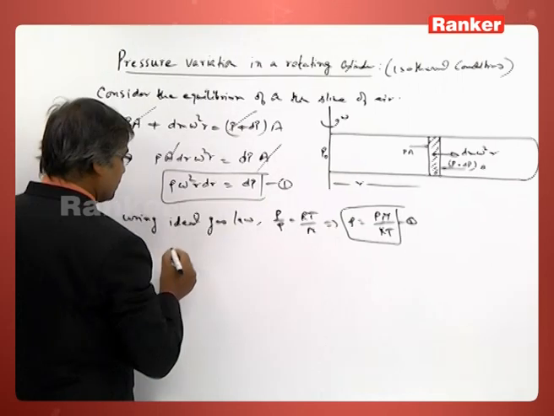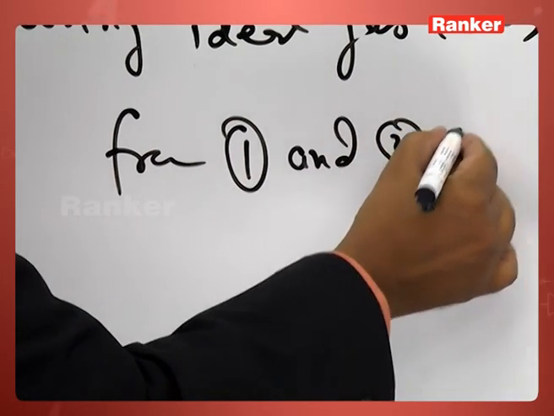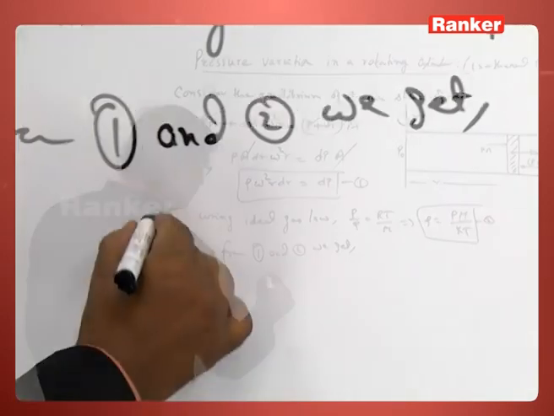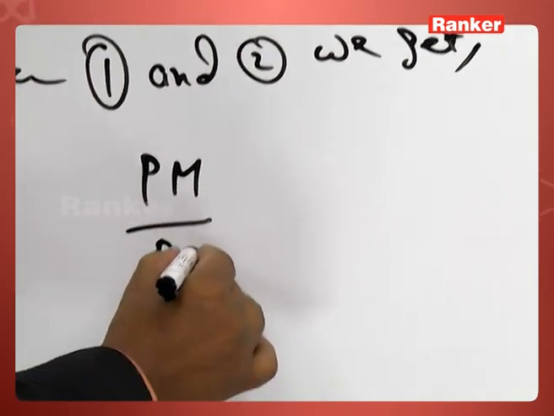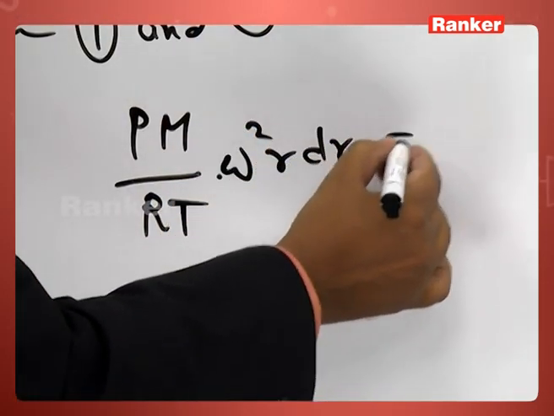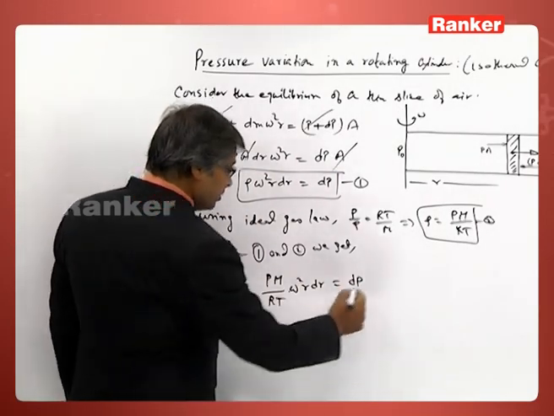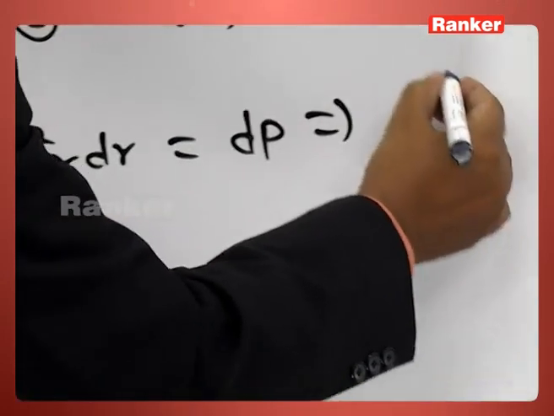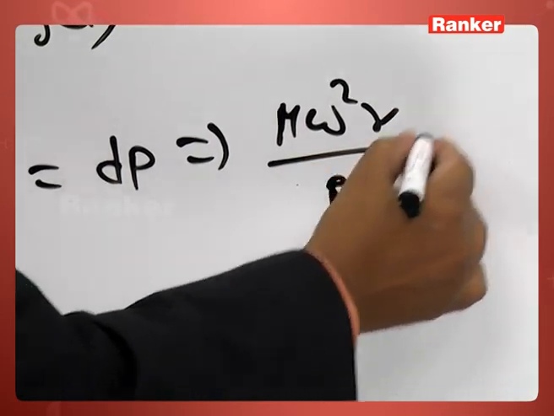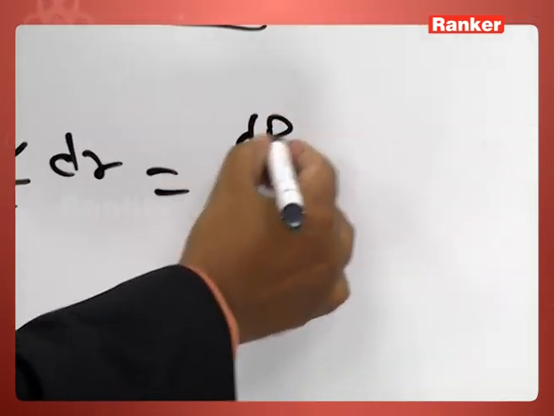So from 1 and 2, we get rho equal to PM by RT, where R is the gas constant and T is the temperature, and rho omega square r dr is equal to dP. I will bring P to this side. So M omega square r by RT dr will be equal to dP by P.